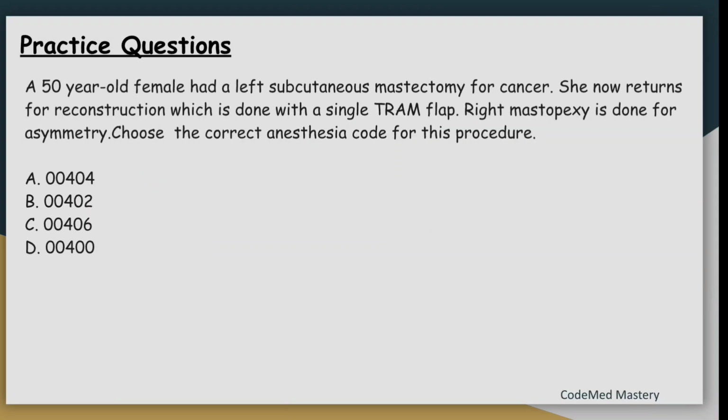A 50-year-old male has a left subcutaneous mastectomy for cancer. She now returns for reconstruction which is done with the single TRAM flap. Right mastopexy is done for asymmetry.